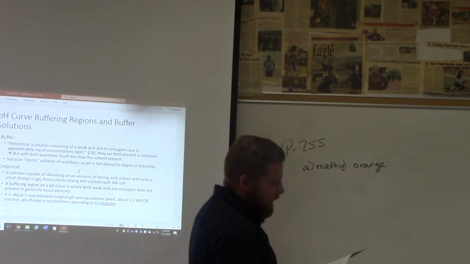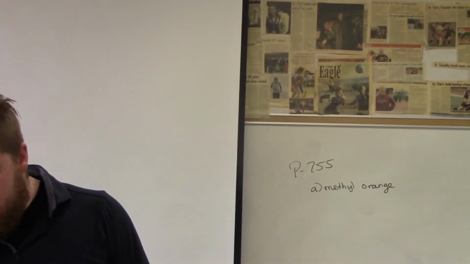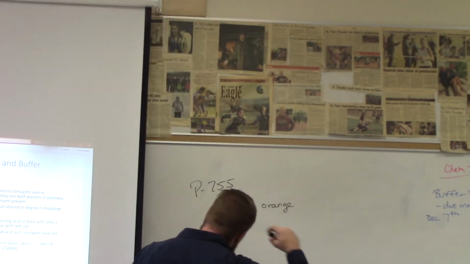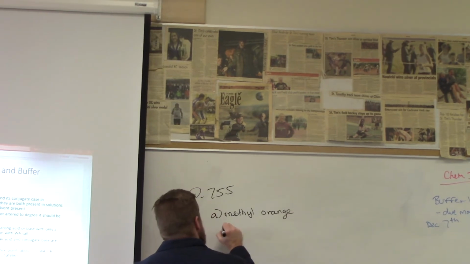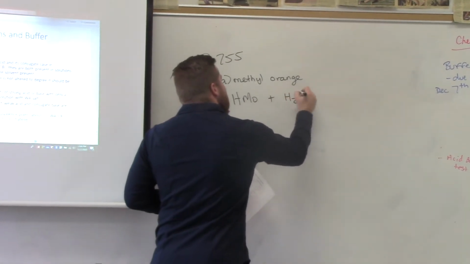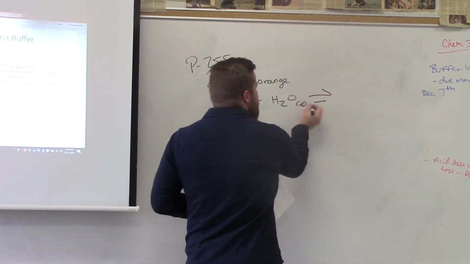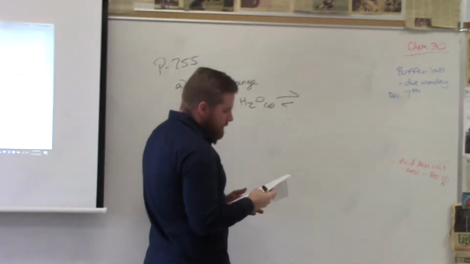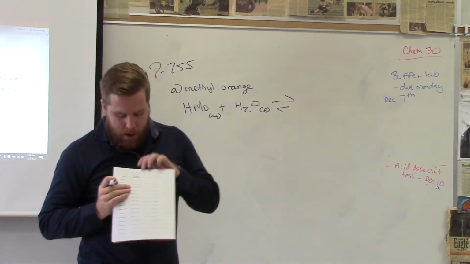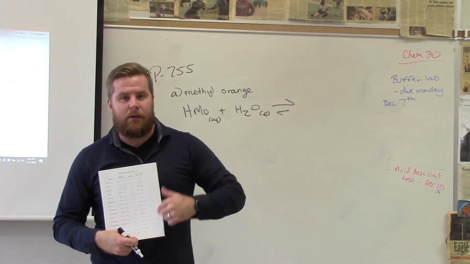Okay, so it's going to react with water to form a hydronium ion. So here's the deal with these acid-base pairs. So methyl orange is HMO plus water. Okay, and this is a weak conjugate acid-base pair. And you actually have Kas for your acid-base indicators on page 10 as well.